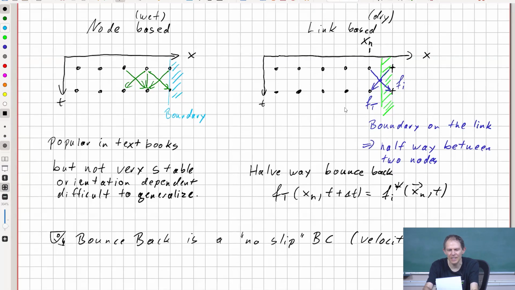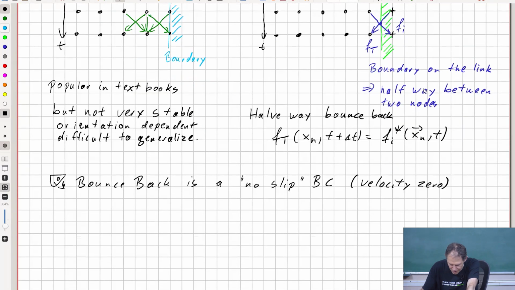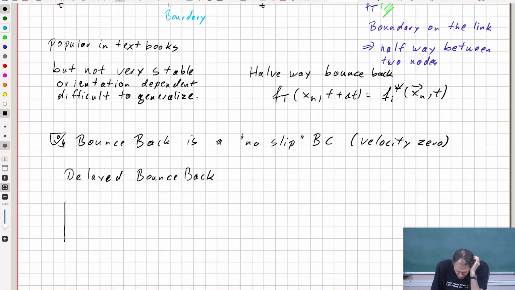Okay, then many other boundary conditions arise from the bounce back boundary condition. One modification is the so-called delayed bounce back. This is not much different. It's just the following. So we have here t, again we have here x.